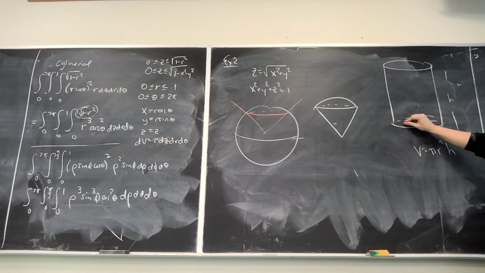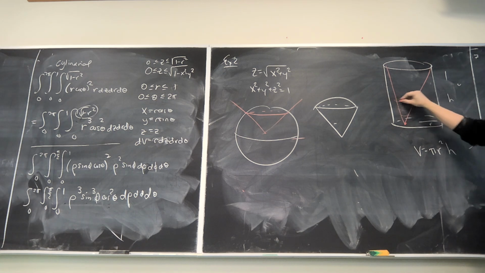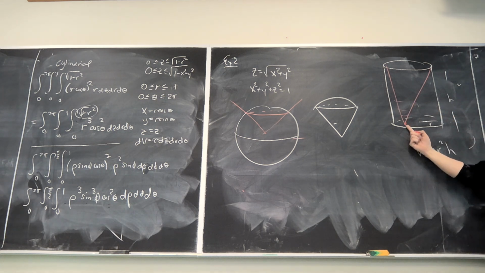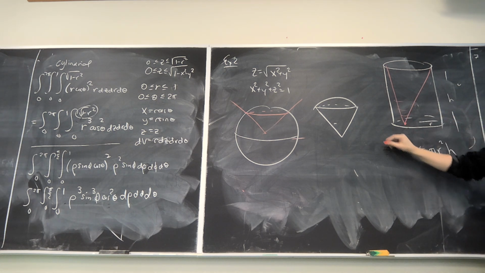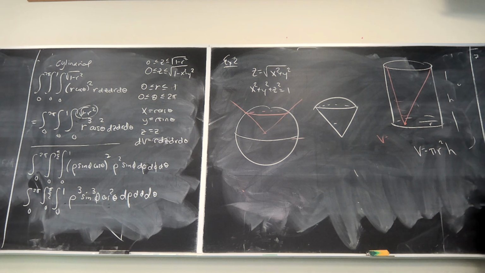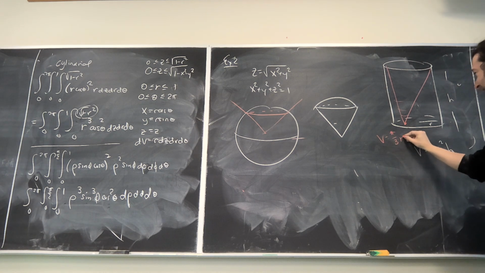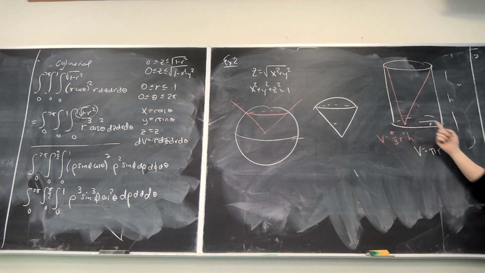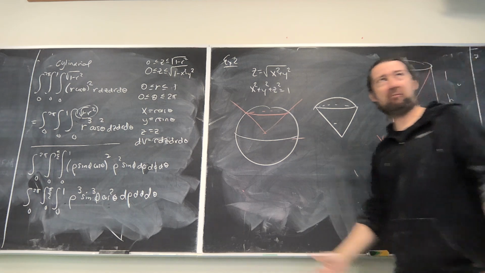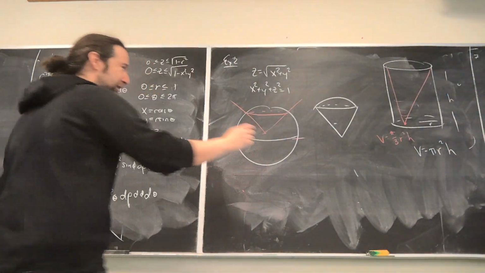If I put the point right here and draw lines up to the top so that these have circular cross sections, no matter where I put the tip of the cone, the volume of this is 1/3 of the volume of the cylinder, which seems implausible, because there's a bunch of round stuff left over. Where are the other 2 cones going to go? Anyway, worth thinking about if you've never seen that before.